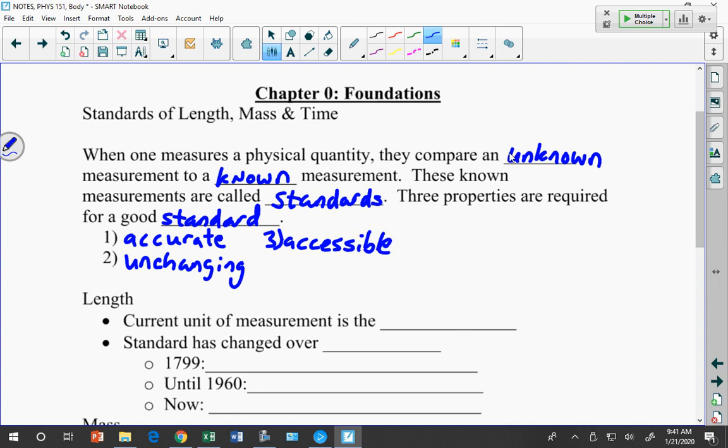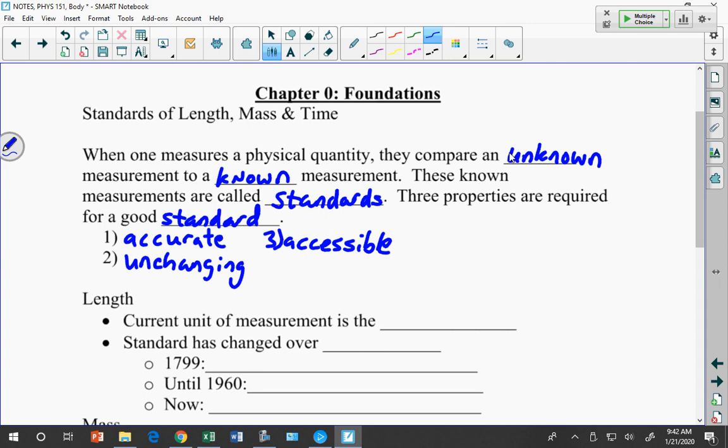We'll talk about the different standards for the physical quantities that we'll measure in this class. And we'll talk about how in the past, they haven't been accurate, they haven't been accessible, or they haven't been unchanging. So they don't meet the three attributes for a good standard. Today, really just recently, like last year, all of our standards for measurement have come in line to meet these three attributes. But it's really just been in the last year that they've done so.